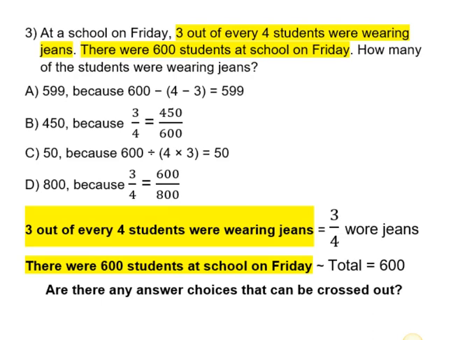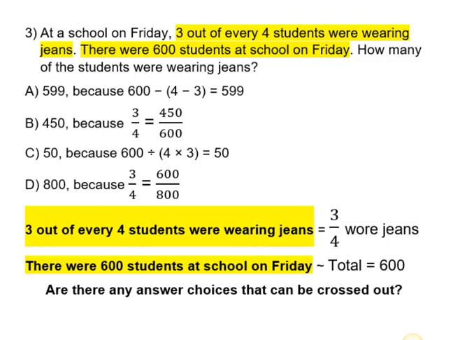Using that information, let's see if there are any answer choices that can be crossed out. Can A, 599, because 600 minus 4 minus 3 is equal to 599, be crossed out? B, 450, because 3 over 4 is equal to 450 over 600.